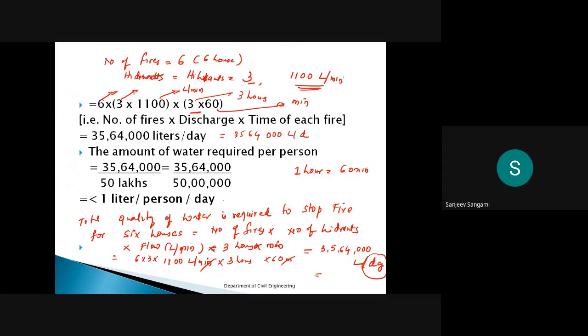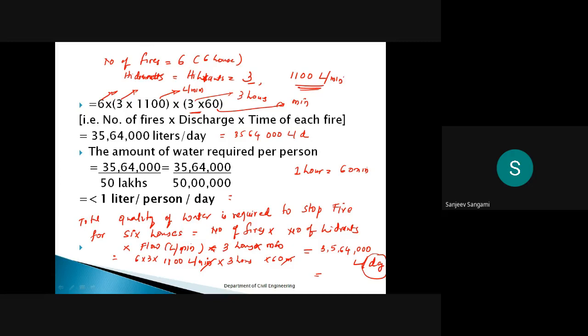If you do that, you will get less than 1 liter per person per day, if they ask how much is required. Sometimes they may ask the problem in this way, sometimes in the other way also. So you should be very careful while analyzing the problems.